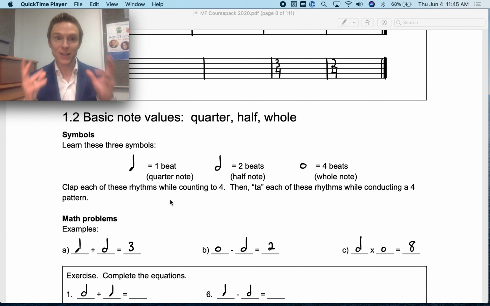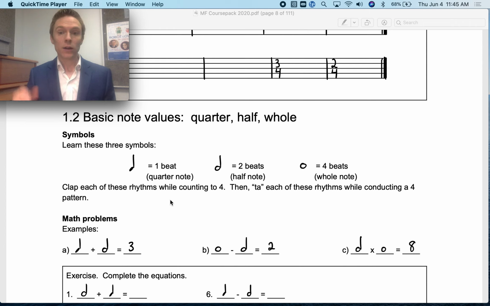And this is particularly useful for all of you who are singers. If you sing in choir, you sing as part of a band or what have you, this is a great way to start to get your timing down and to read music and figure out when you're supposed to sing your given notes. So conduct that 4 pattern, 1, 2, 3, 4, and let's do quarter notes first.